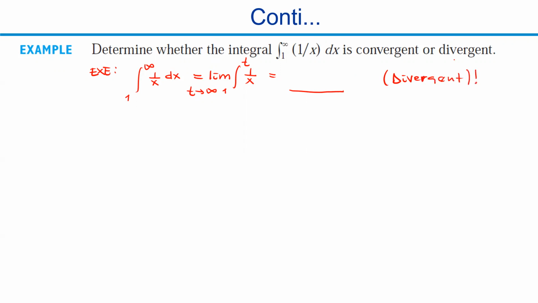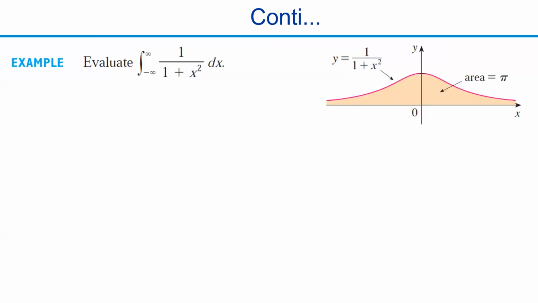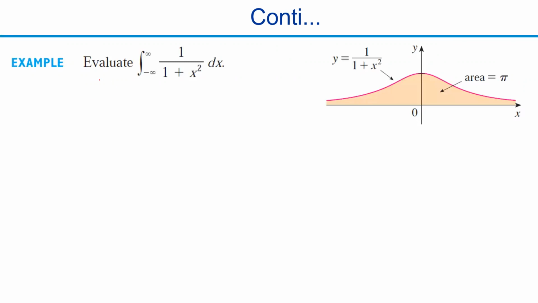It's simple. So just I want to focus on another important example. What if you face a question from minus infinity to infinity, which is an improper integral because it is defined on an infinite interval? How are you going to evaluate?